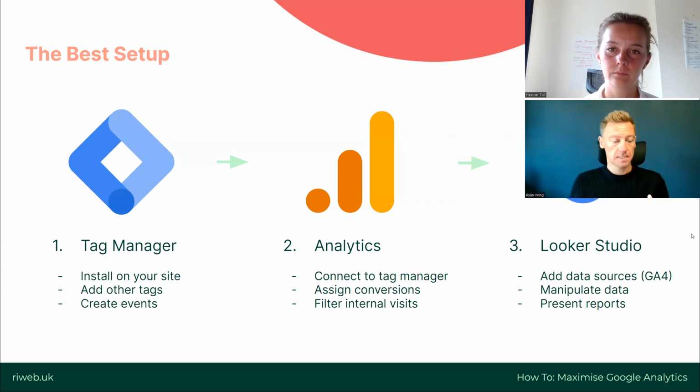The most effective way to do this is by getting the IP address of your machine or the machines that you use in your office, and then adding them as a filter within the define internal traffic setting within Google Analytics 4. Now, if you don't know what your IP address is, you can simply Google what is my IP address and it will tell you.